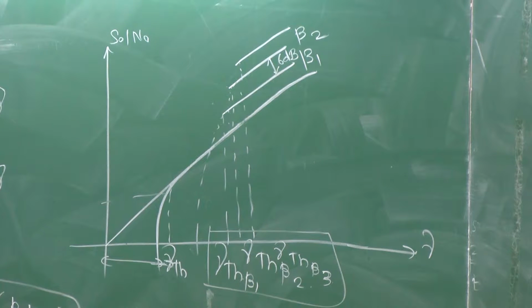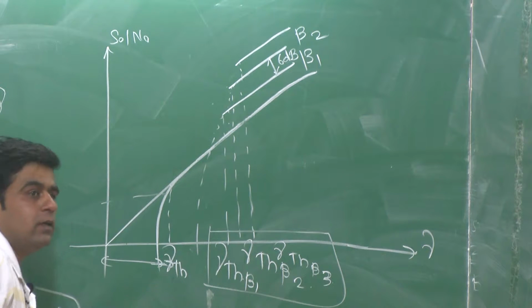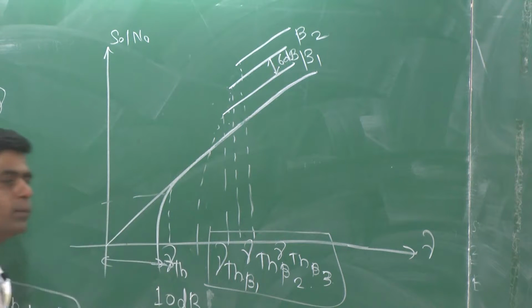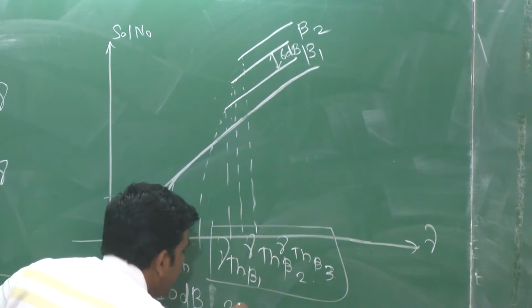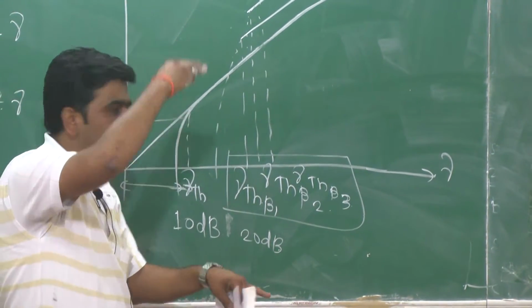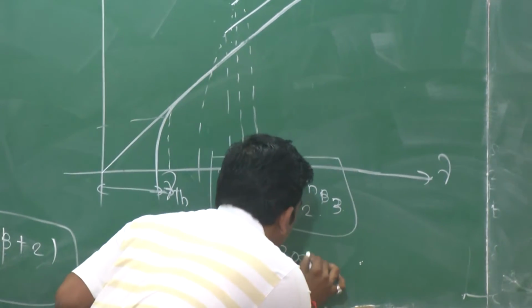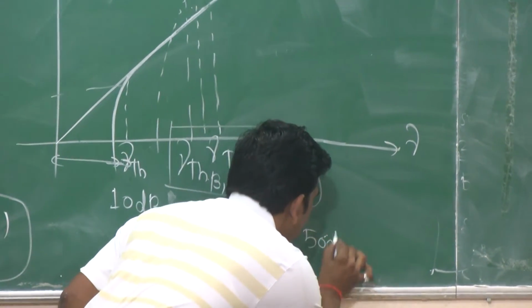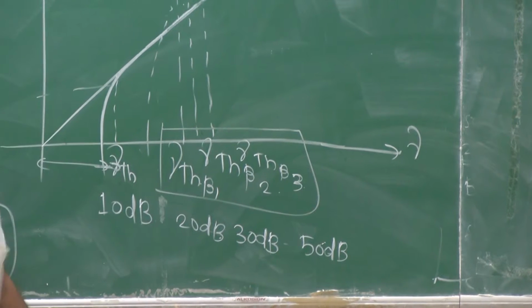Just assume that for AM, the threshold is 10 dB, so we are working above 10 dB. For the angle modulated system, when we increase the bandwidth, suppose this is 20 dB, then 30 dB, then 50 dB.